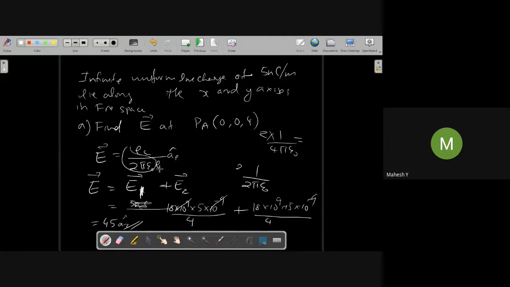You just substitute. You only should know the value of rho. Rho is nothing but the perpendicular distance from that point to the line.